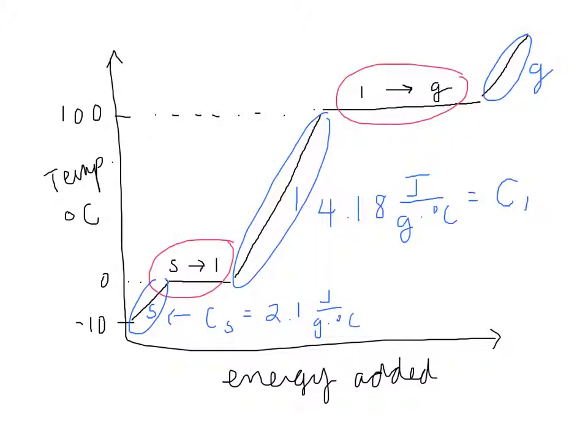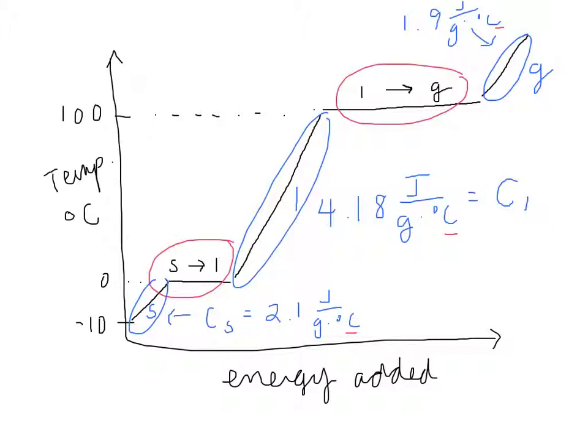Now you've probably guessed that gas also has a specific heat, and its value is 1.9 joules per gram times degrees Celsius. So all of these you'll notice have units that have Celsius in them because they involve a temperature change.